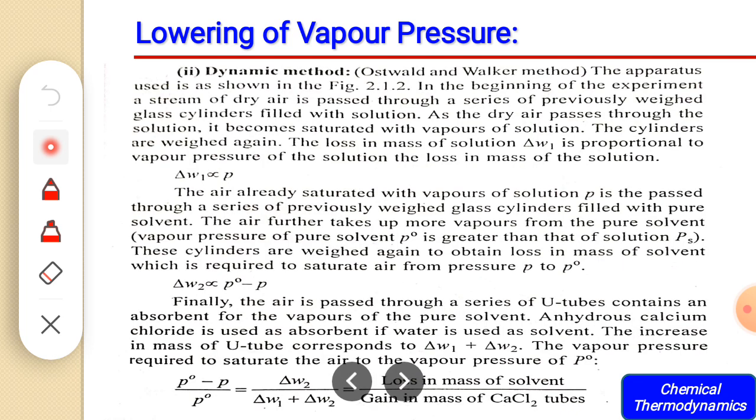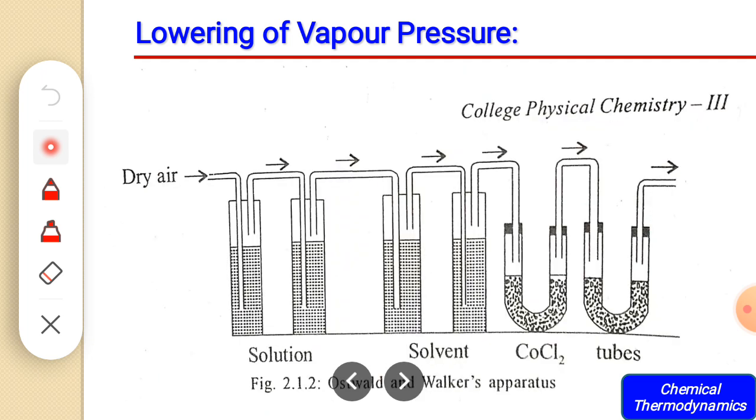Here, dry air is passed. These tubes are filled with the solution, these tubes are filled with the solvent, and these tubes are filled with calcium chloride, which works as the absorbent.